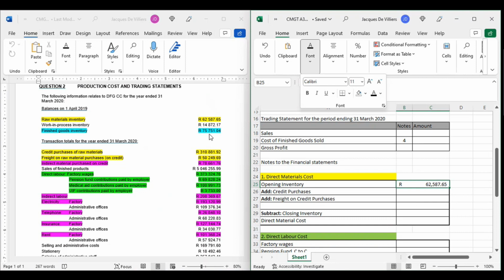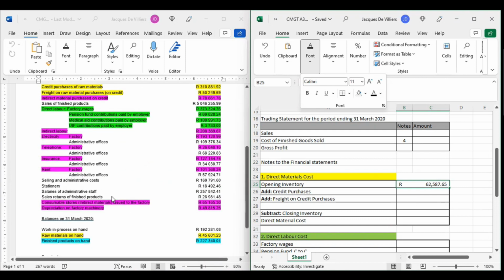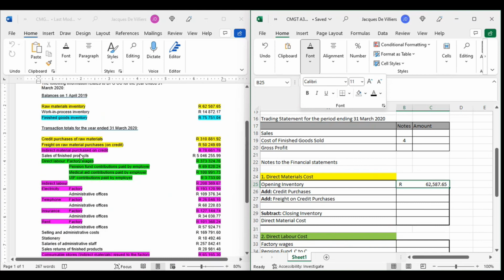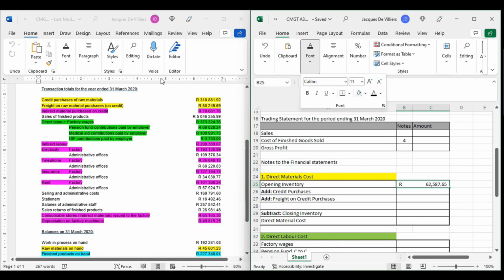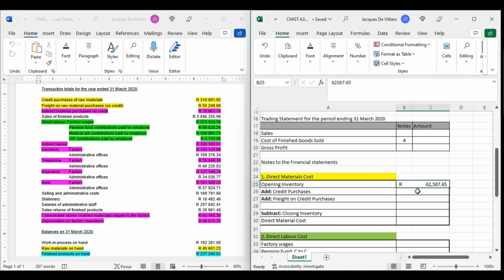Okay, then we must add our credit purchases of raw material, because the only times where I see the word raw material is in these four instances, and that is why I took my trusted highlighter and made them yellow, and in the answer I'm keeping them yellow as well. So I have my opening inventory, and my credit purchases of raw materials is also given. It is 310,881.92.